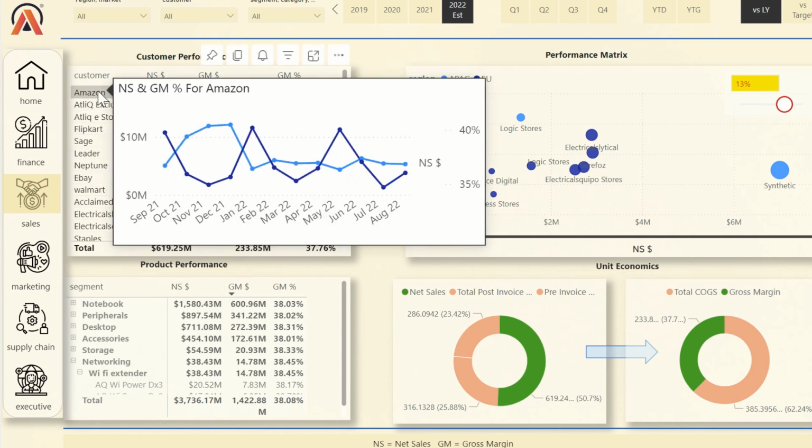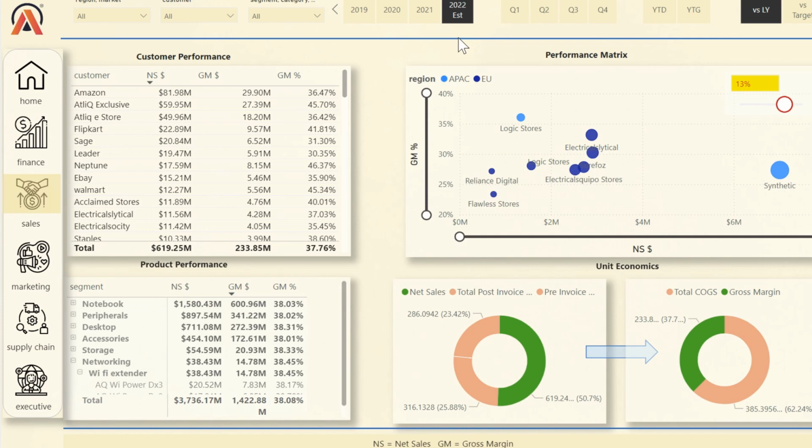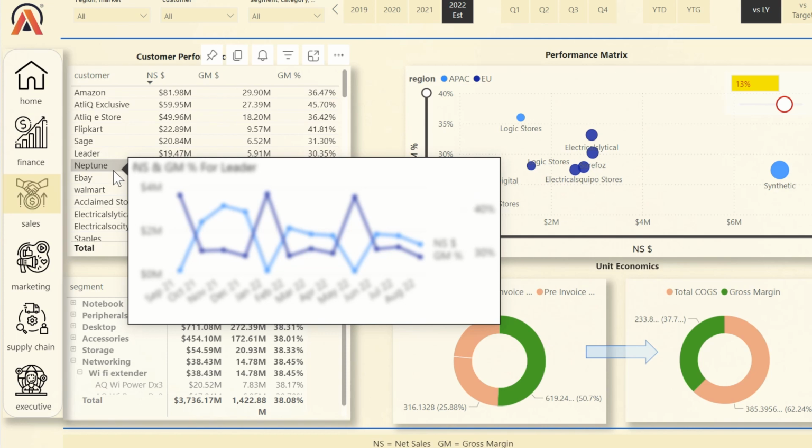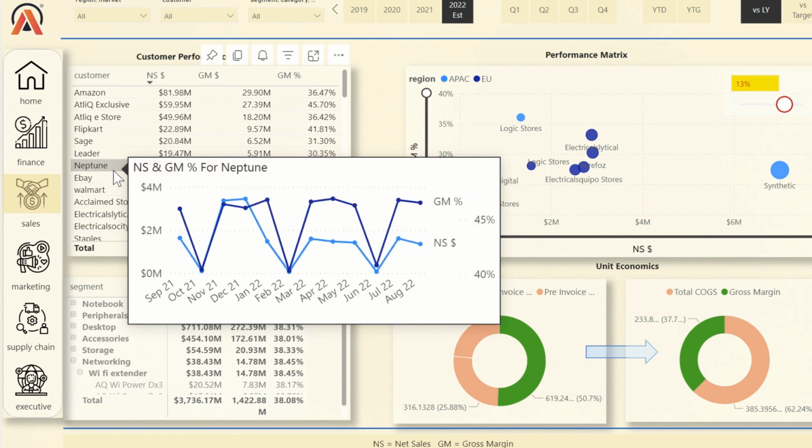In here you can see Amazon does have the highest net sales, and it does also have the highest gross margin, which is amazing. And after that, it's good to see that Atliq Exclusive and Atliq Store, which are the stores of the Atliq company, one of them is the online store and one of them is a brick and mortar store, are holding the second and third position in terms of net sales.